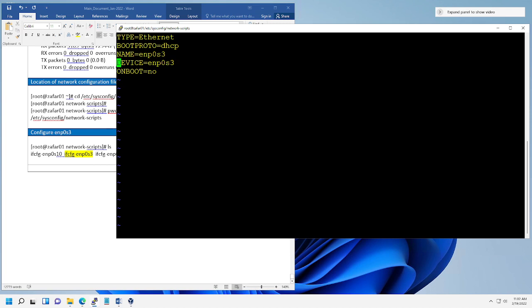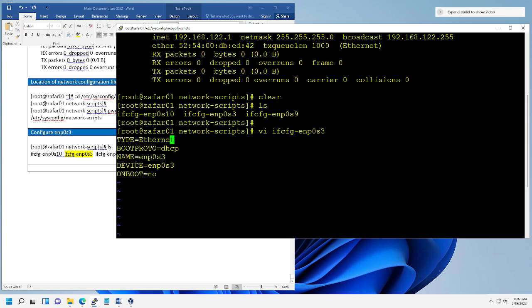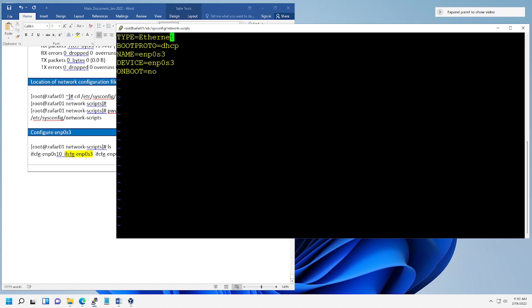What you need in the file is TYPE, and you are telling this configuration file that the type is Ethernet. And BOOTPROTO, that means the protocol it's using to connect is DHCP, Dynamic Host Configuration Protocol.